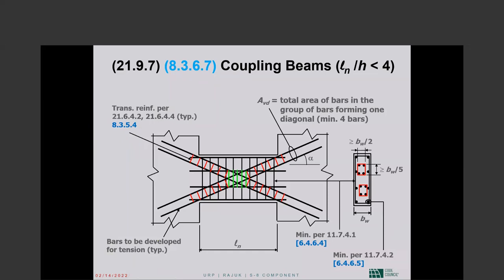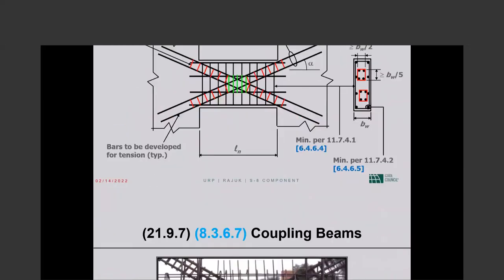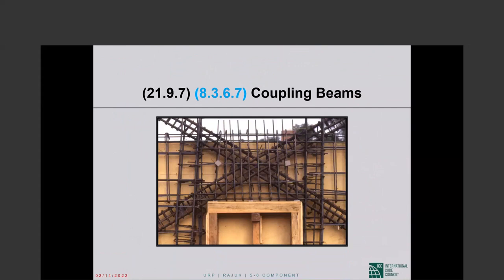Those diagonals have to be individually confined. And then there are reinforcement requirements for the coupling beam itself. I wouldn't go into the details. The details are on this figure. It's way too much detail, but I want to show you that difficult as it is, this is done.